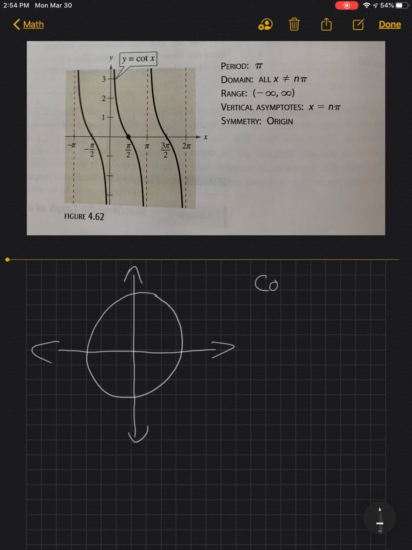Since cotangent is the reciprocal, cotangent of x is the same thing as saying cosine over sine, which we could think about as x over y. All right, so at 0 pi, we have the point (1, 0). At (1, 0), when we do x over y, we get undefined.